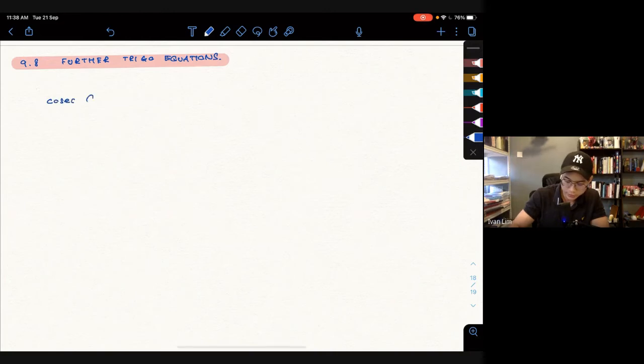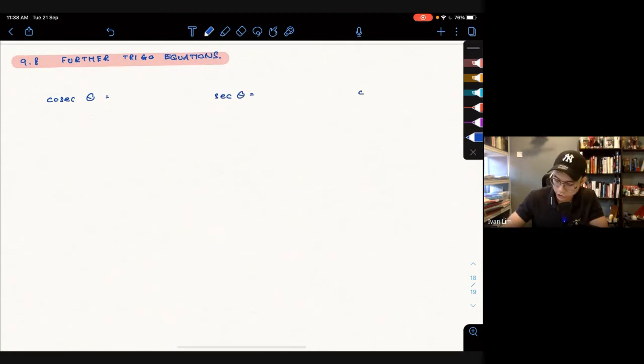Cosecant theta, secant theta, and cotangent theta. Okay, cosecant theta is 1 over sine theta. Secant theta is 1 over cos theta.